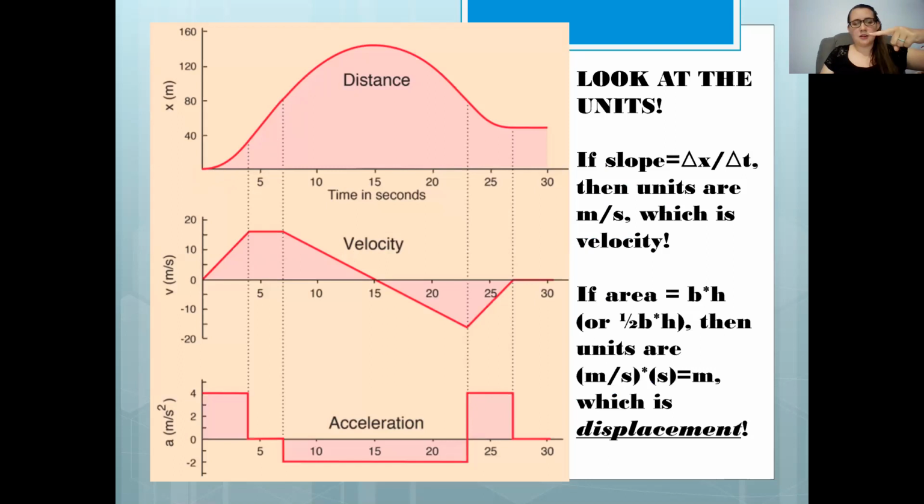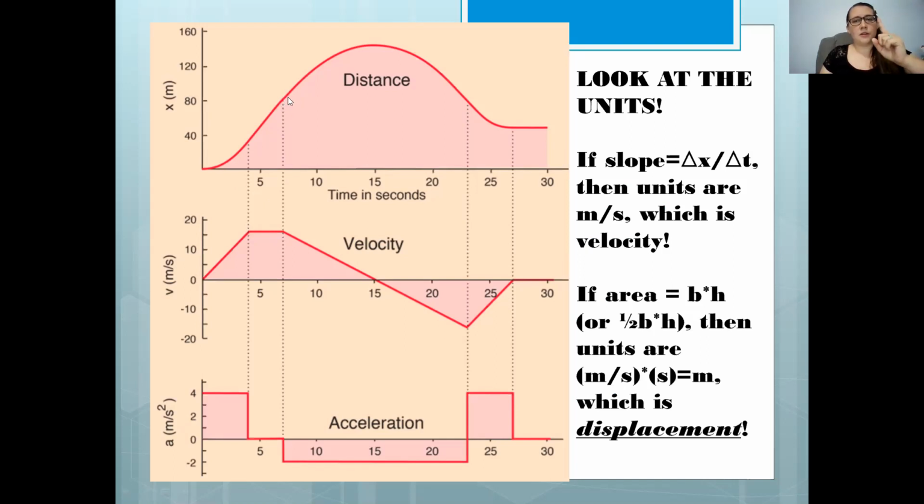If you take your pen or your finger and draw that tangent line along the shape of the curve, we see that it's increasing. So that means our velocity starts at 0 and increases. In this section, it's a straight line, not horizontal, but increasing consistently. So the slope of this line would give us a constant velocity.